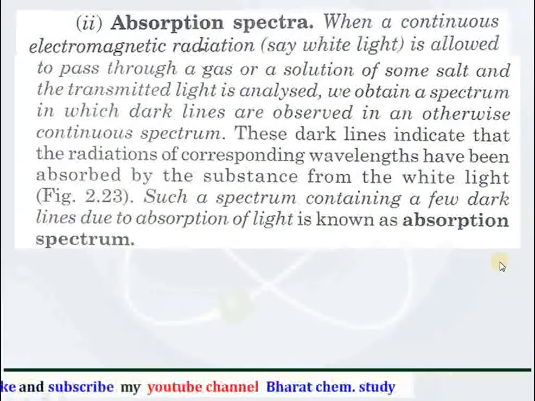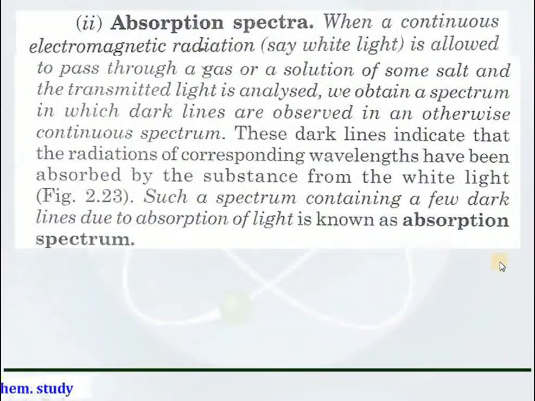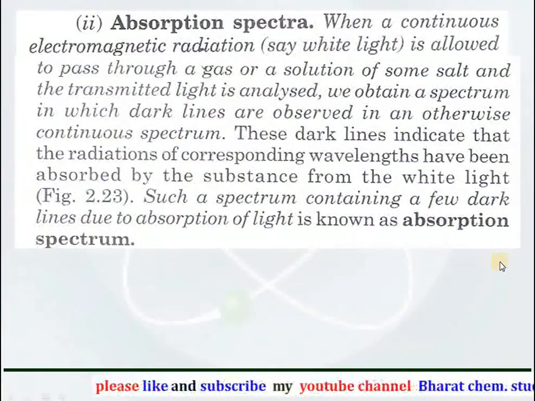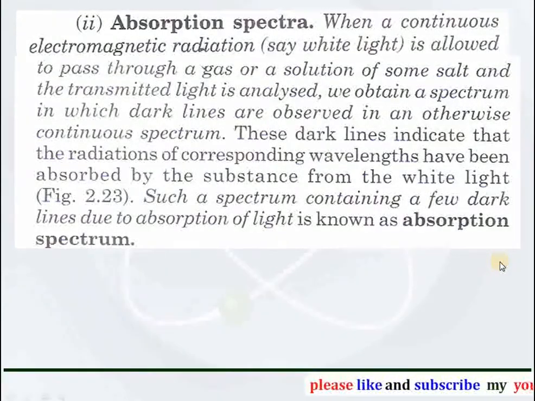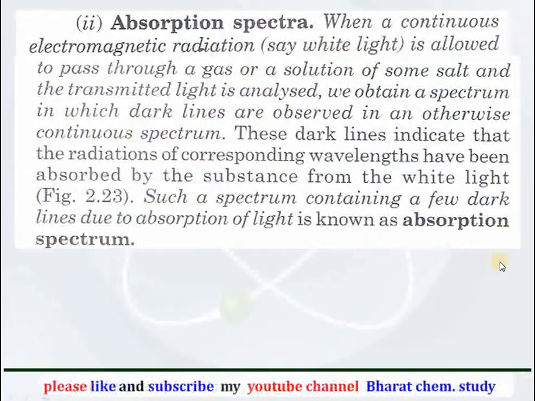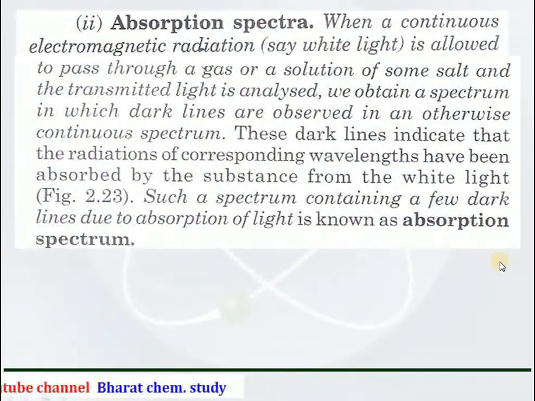Now absorption spectra. When continuous electromagnetic radiation, say white light, is allowed to pass through a gas or a solution of some salt and the transmitted light, that is the remaining light, is analyzed, we obtain a spectrum in which dark lines are observed in an otherwise continuous spectrum.